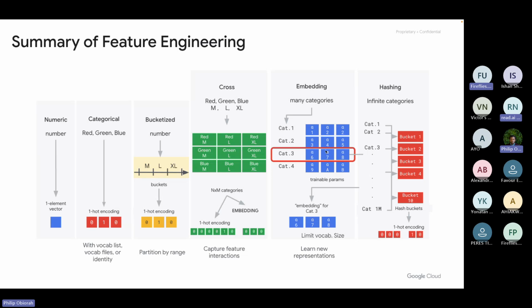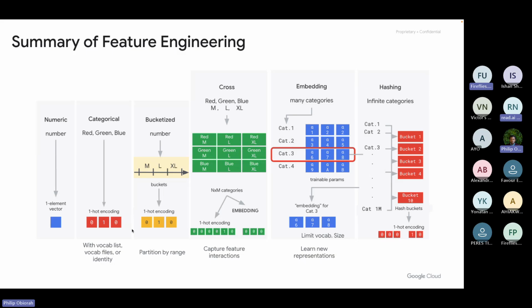In embedding, we have many categories, right? Using one hot encoding here, you have a sparse matrix because you have a lot of zeros. There are several categories: category 1, 2, 3, 4, 5, there are so many.